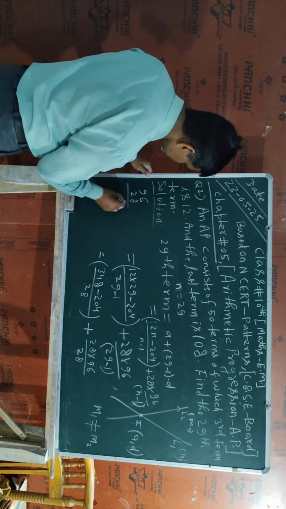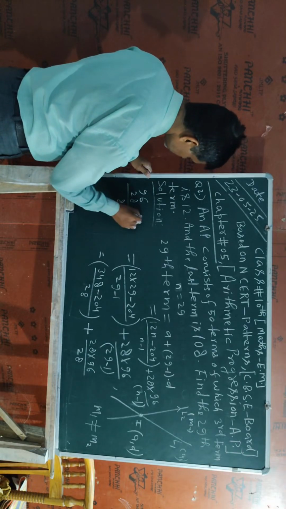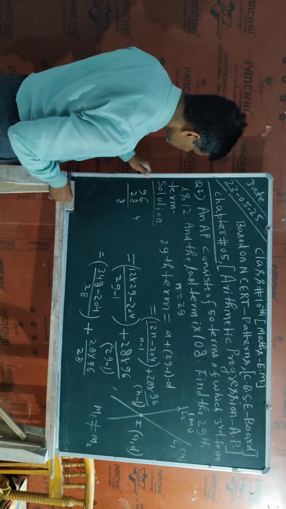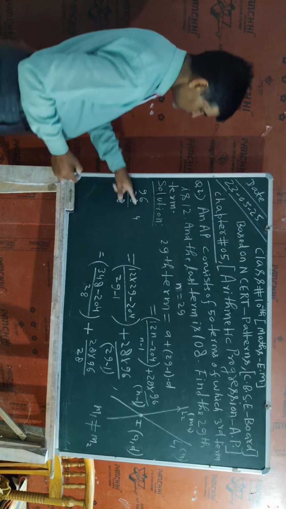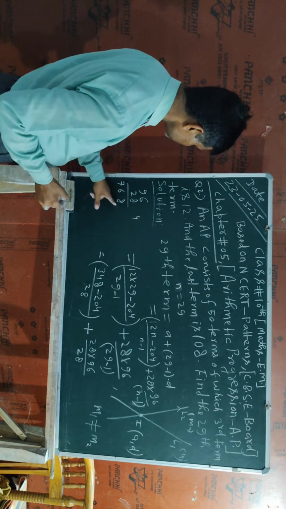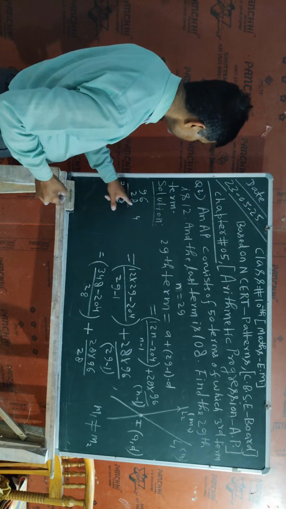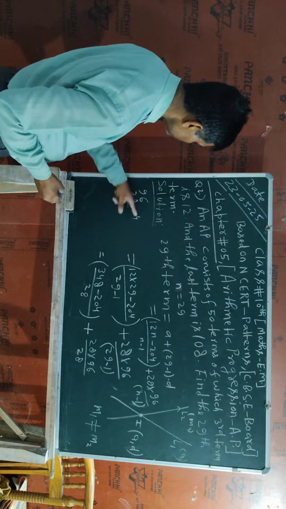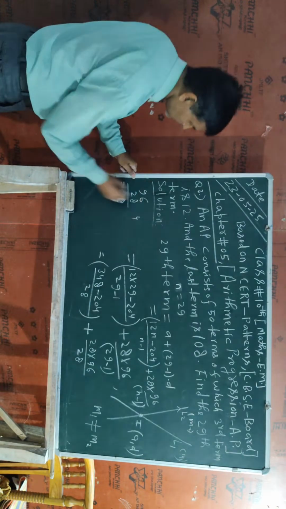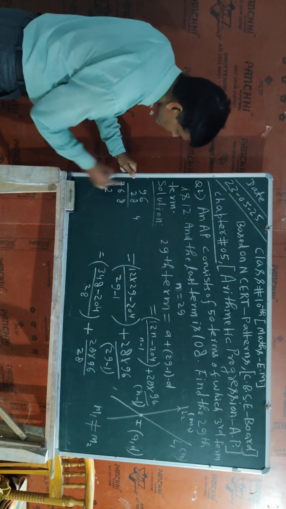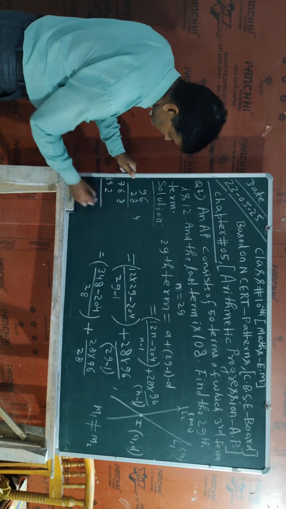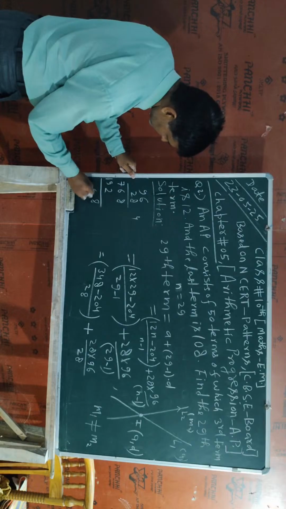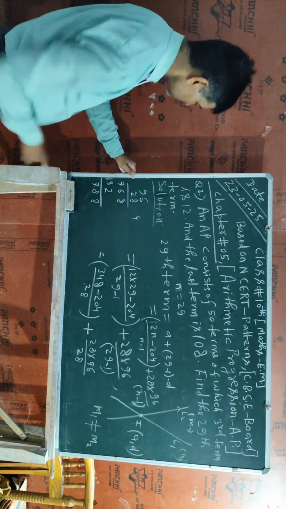So 6 8s are 48, 8 and 4 will be carried. 8 9s are 72 plus 4, 76, and 6 2s are 12, 9 2s are 18, 18 plus 8, 19. So here I will say 8, this will also be 8 and this will be 7.